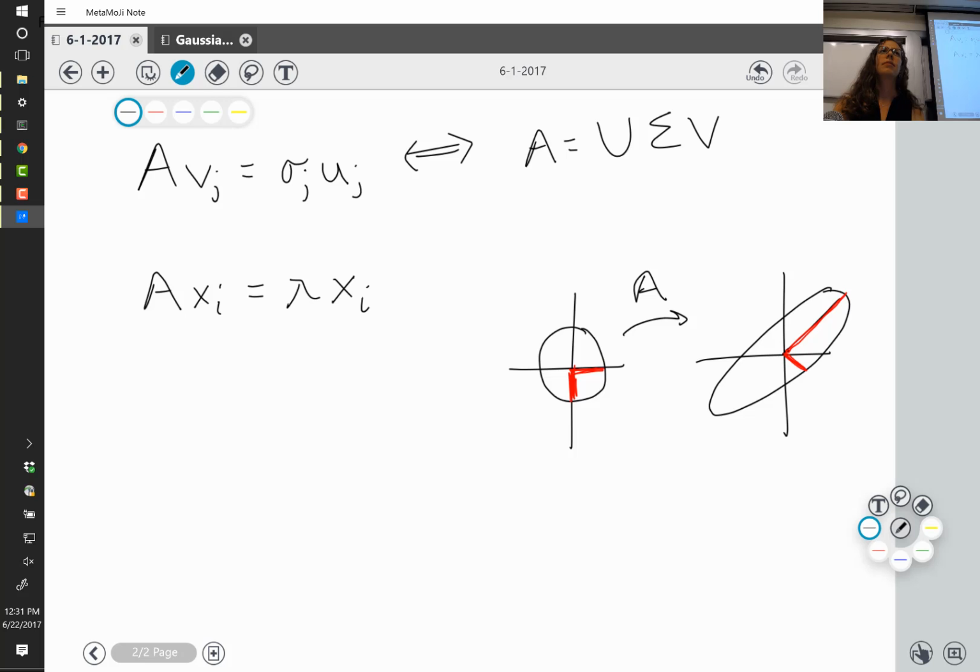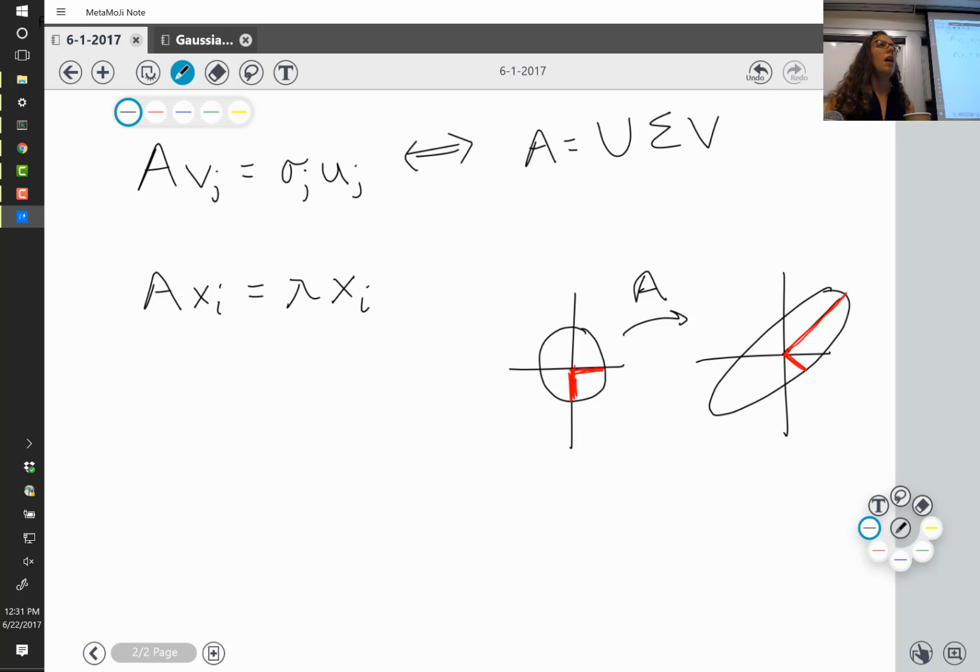Sam? Can you pass the microphone back? Would you have a magnitude of 1 in the basis provided by A? Like in this case, you're stretching it and elongating it.